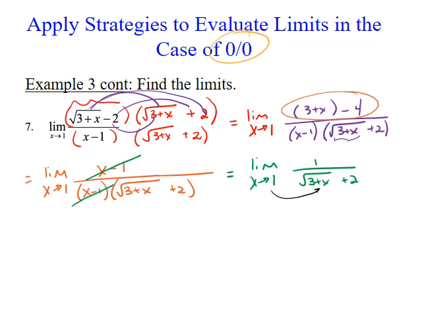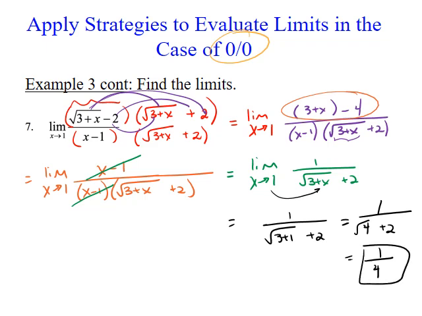I don't end up with 0 in the denominator or an indeterminate form. In fact, when I plug 1 in, I get the following. So I know direct substitution will work. And this limit is equal to 1/4.